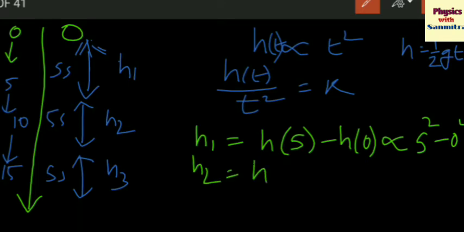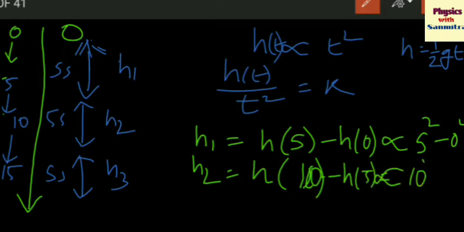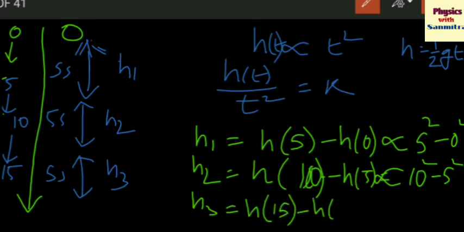The displacement between 5 to 10 seconds, so h10 minus h5 is proportional to 10 square minus 5 square. What is h3? h3 is between 10 to 15, so h15 minus h10 will be proportional to 15 square minus 10 square.